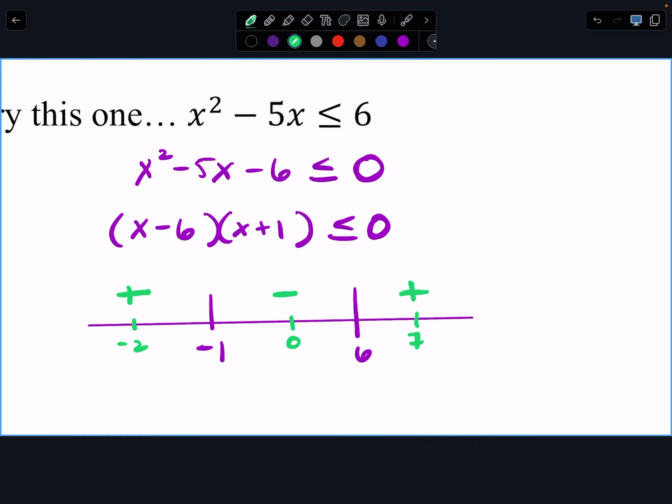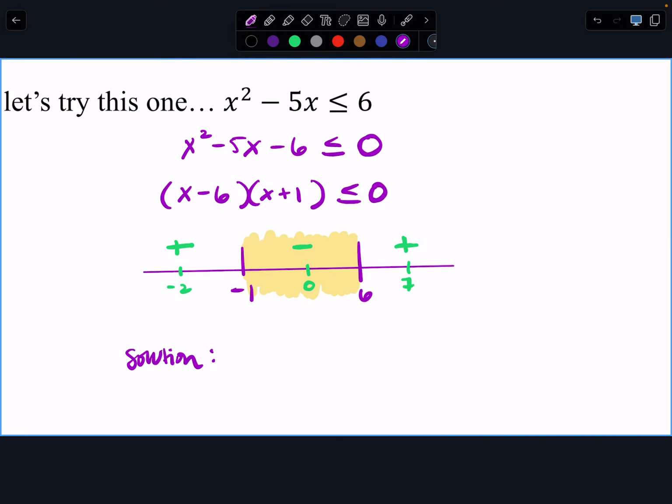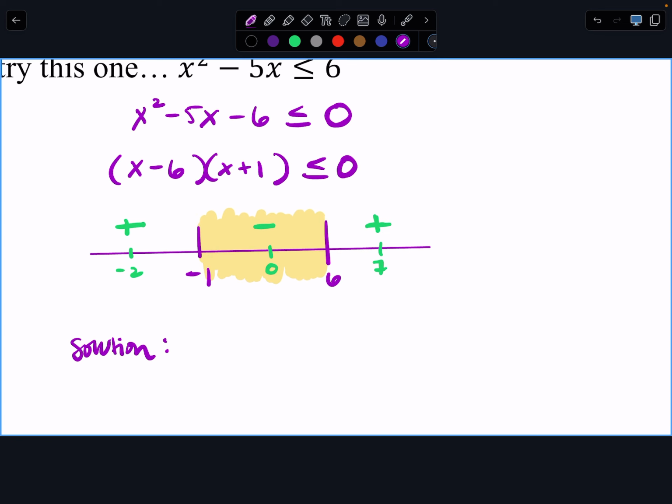For this inequality, we want the values of x that would make the quadratic negative or 0, which would be between -1 and 6. So our solution set would be from -1 to 6.